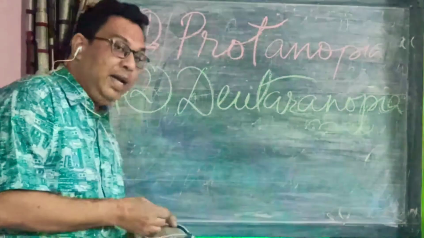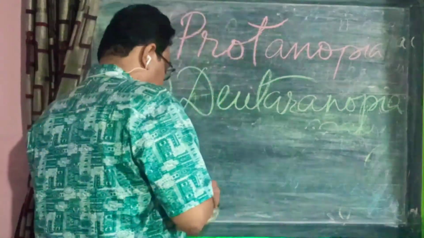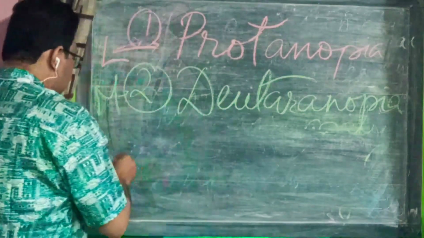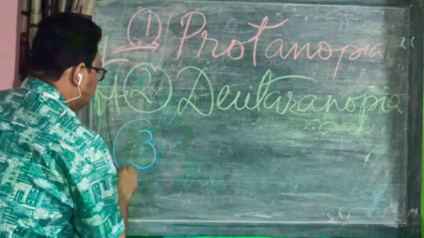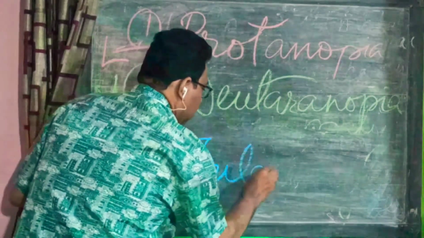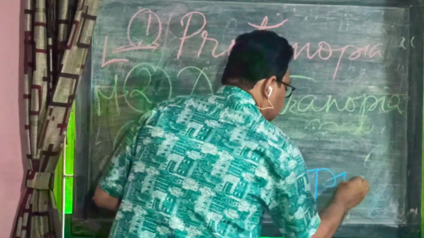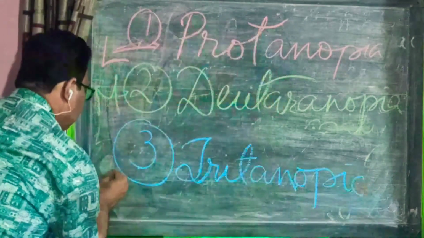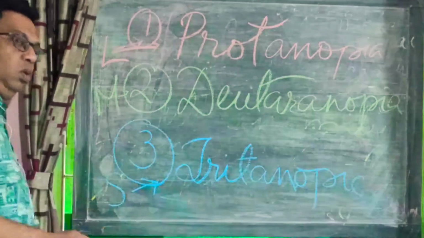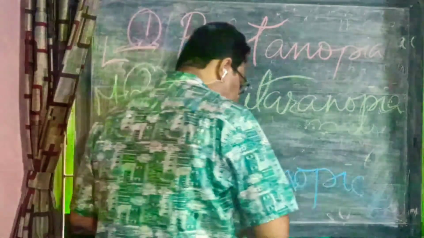Deuteranopia is when green cones are defective or absent. The third being tritanopia, whereby the S cones, or the cones contributing for sensation of blue light, might be defective or absent.